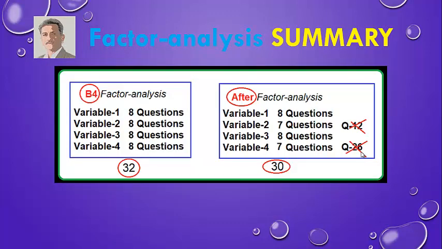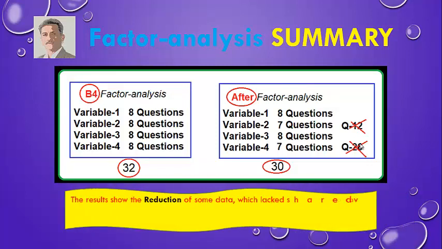The summary of the results is shown in this table, that variables 1, 2, 3, 4 all had 8 questions each, but then through factor analysis in variable 2 question 12 and in variable 4 question 26 were excluded because they could not pass through the filters of factor analysis as strong and valuable contributors towards the underlying variable.